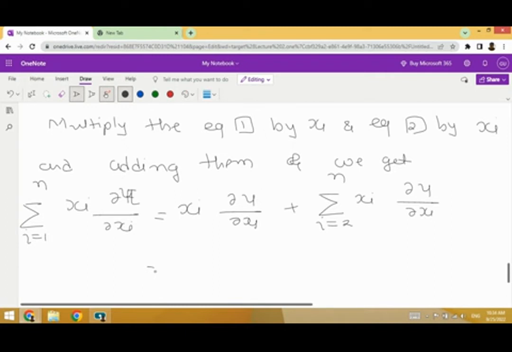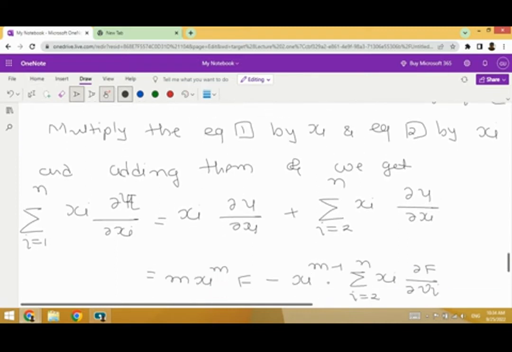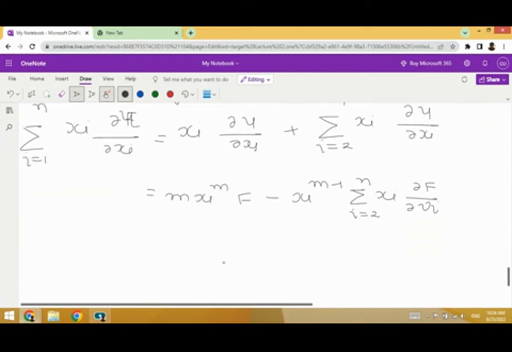So it will become m x1 raised to m F minus x1 raised to m minus 1 summation i varies from 2 to n xi del f by del vi plus x1 raised to m minus 1 summation i varies from 2 to n xi del f upon del vi.